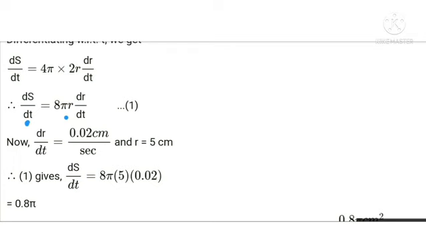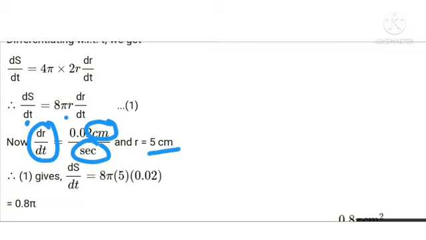So dr by dt, we are given, dr by dt means radius with respect to time. It is given in the question that its radius is increasing at the rate of 0.02 centimeter per second. Here the radius is given and time is given. So you write dr by dt is equal to 0.02 and the radius r is given as 5.